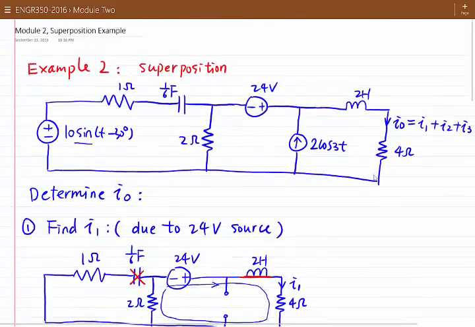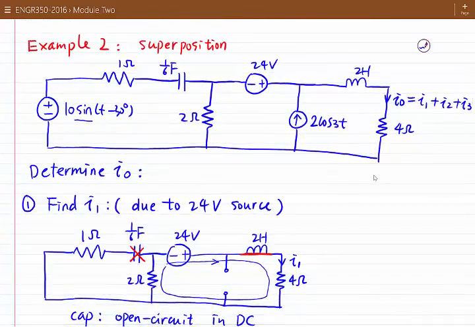So I3 current is the current due to the current source, and we turn off the DC voltage source and the AC voltage source. Okay, so let's write the circuit topology.